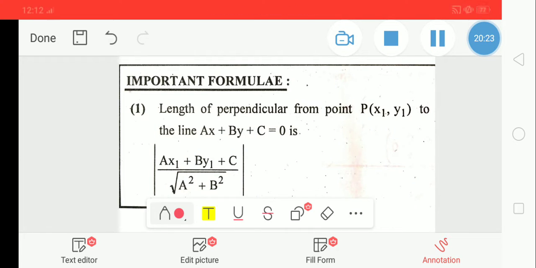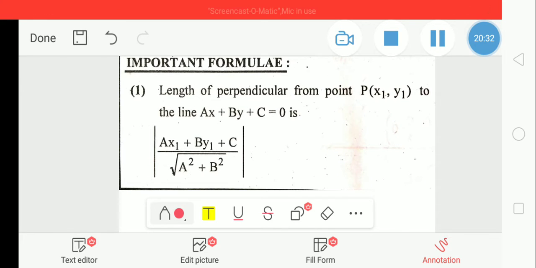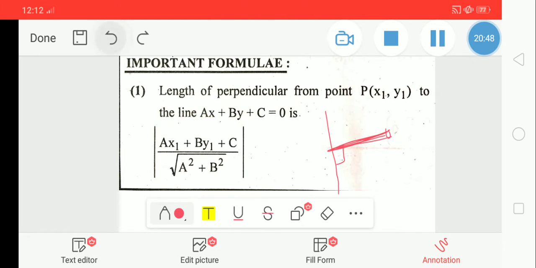This means one line and one point are here, and we find the point-to-line distance by using this formula: mod of ax1 plus by1 plus c, divided by under root a square plus b square.